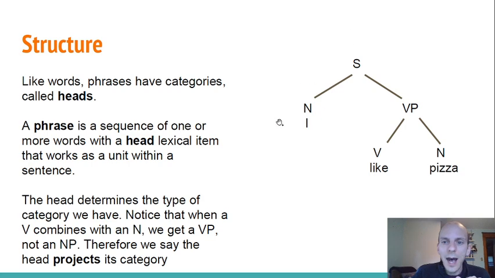For instance, I like together doesn't form a constituent. There's no node that is connecting I directly to like, in the same way that there is a node, the VP, that connects like and pizza together. So this string, I like, is not a constituent, and like pizza is a constituent.